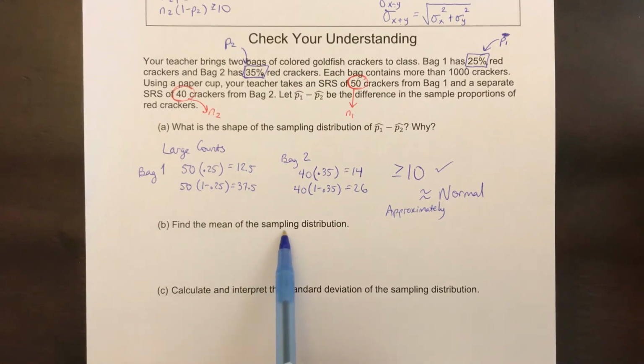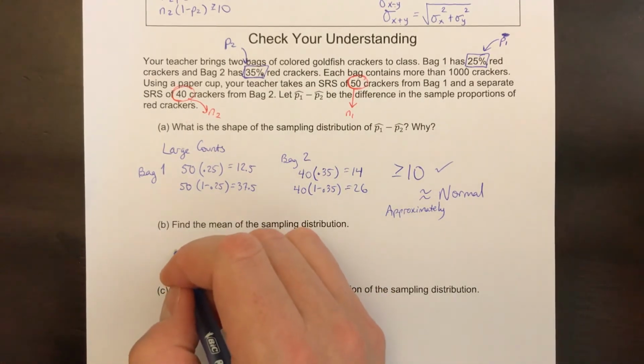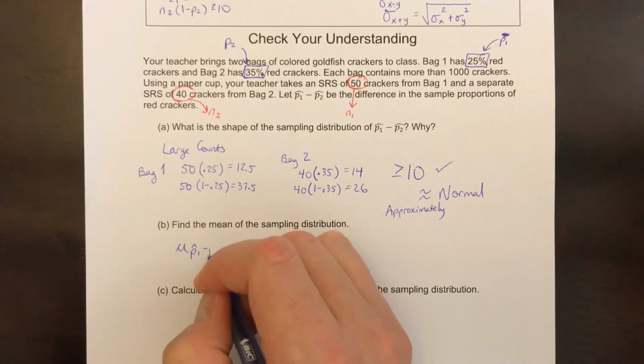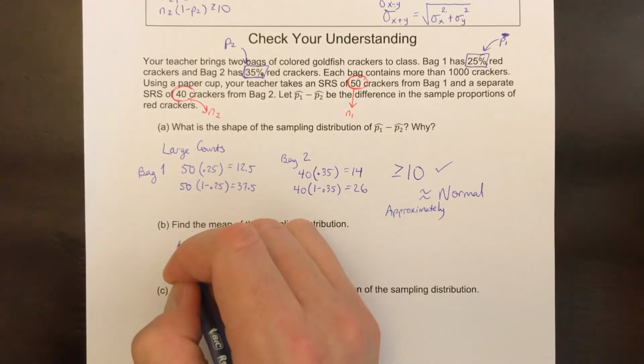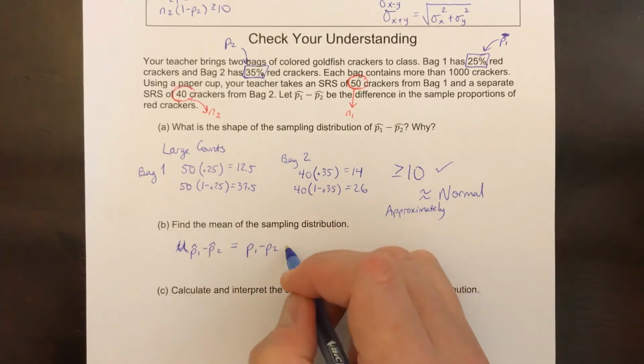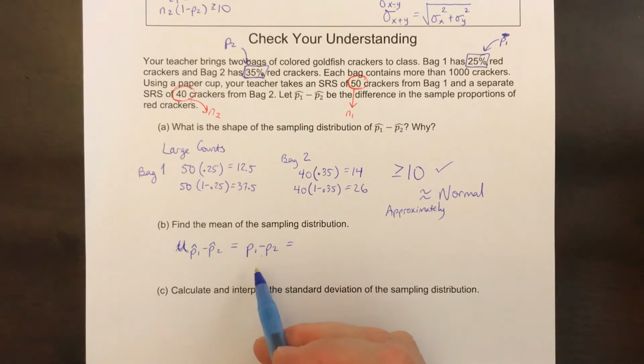Find the mean of the sampling distribution. Well, the mean of p hat 1 minus p hat 2 is equal to p1 minus p2, is equal to the difference of their proportions.